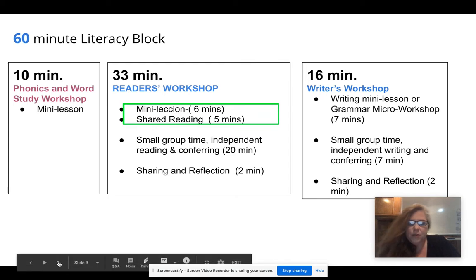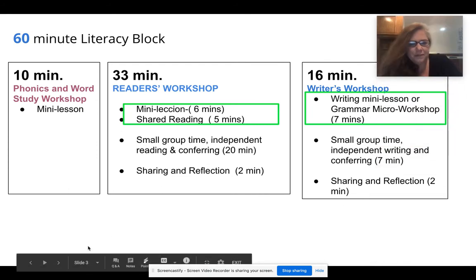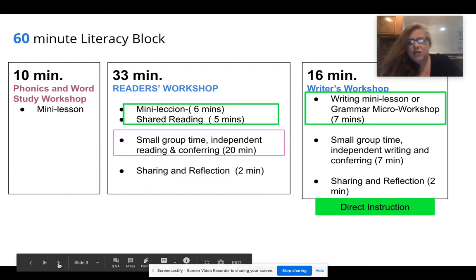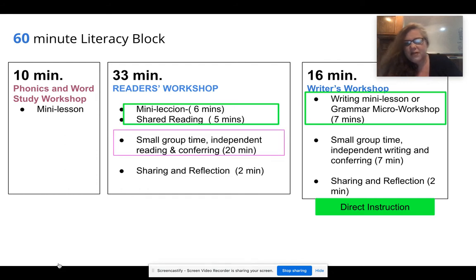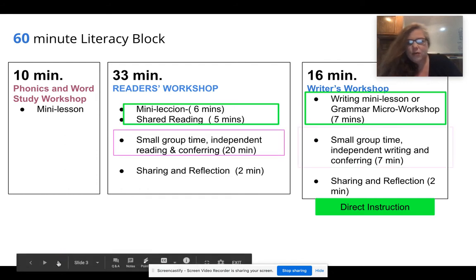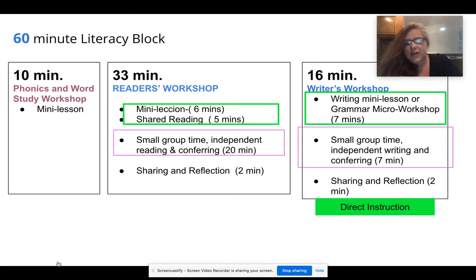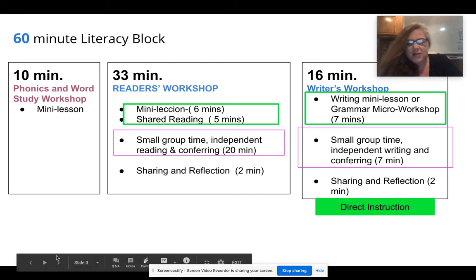Both readers workshop and writers workshop have some time for mini lesson, which is our direct instruction. And then they have about 20 minutes for readers workshop and 7 minutes for writers workshop, where you would meet with a small group, and the rest of the class would read or write independently, or you would have some time to confer with students individually.